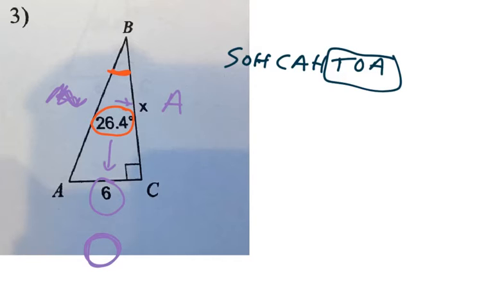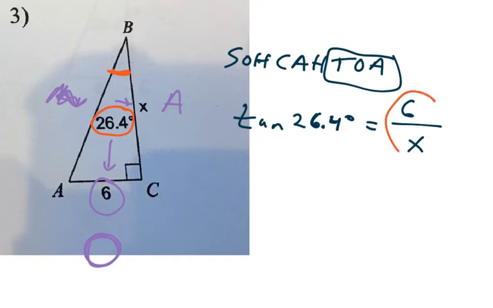So we know that the tangent of 26.4 degrees, which we already know because it was given to us, has to equal its opposite side divided by its adjacent side. Now notice how it's upside down over here. So remember I told you you can set it up by putting it over 1 there and then cross multiplying, right?